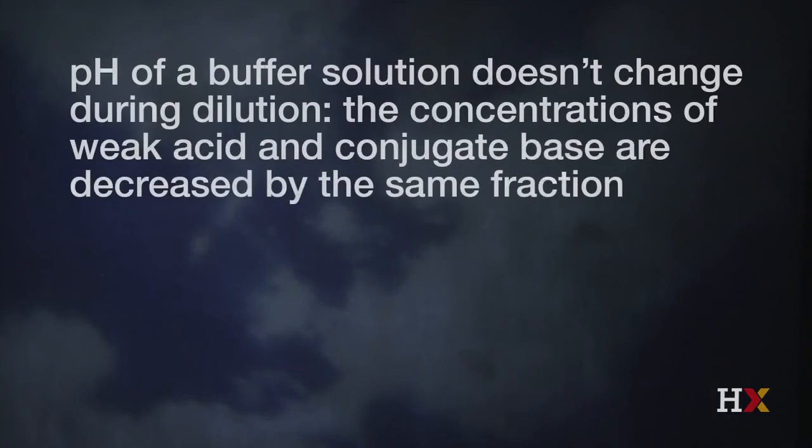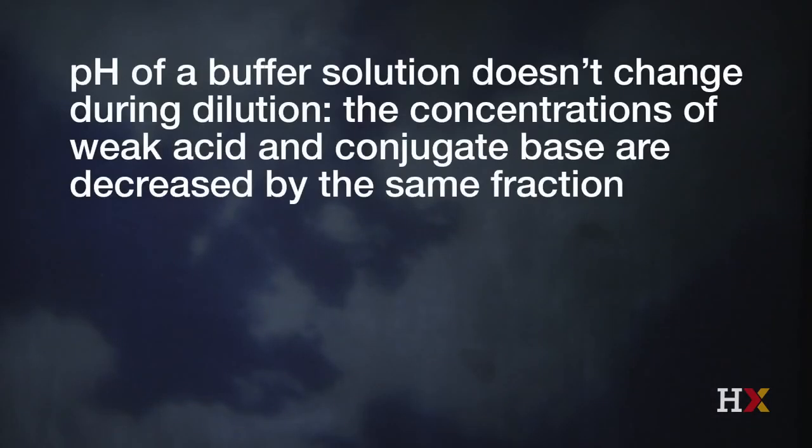Now, the other thing that it does is it allows us to look at the pH change when we dilute a particular mixture. In other words, if I add water to my acid-base reaction, do I have to do the calculation all over again? And the answer is no, because I could add a huge amount of additional water.